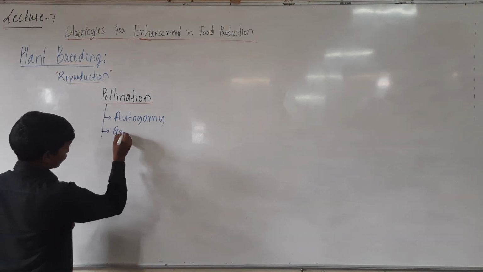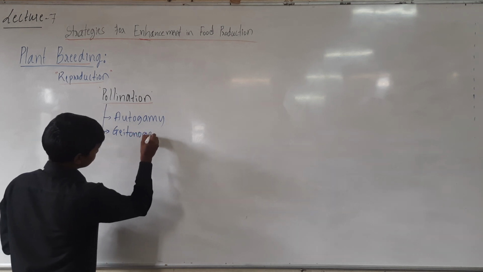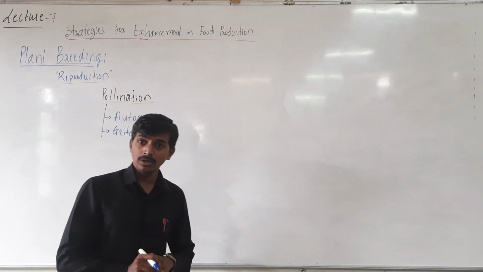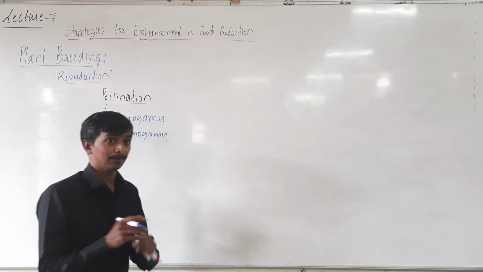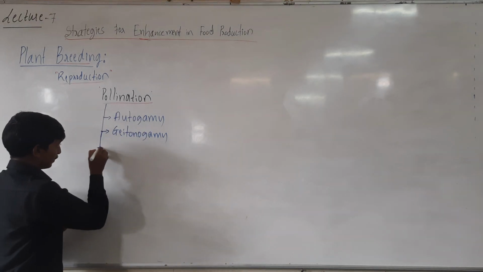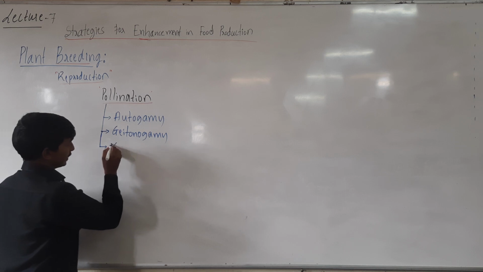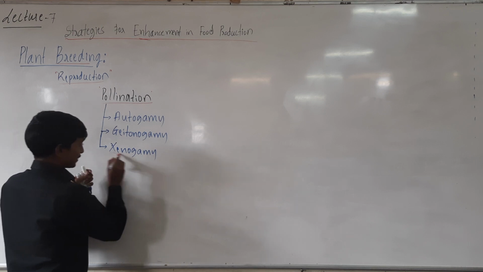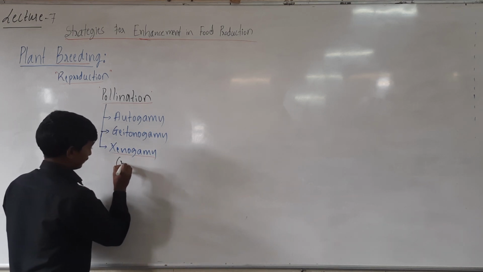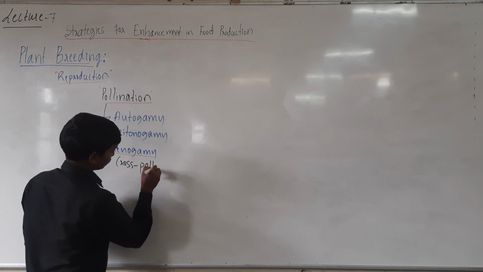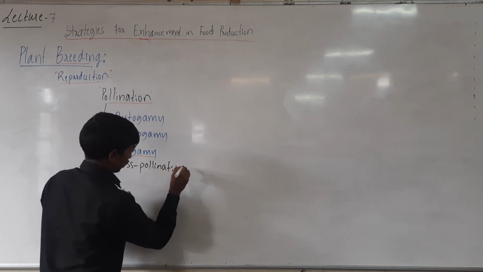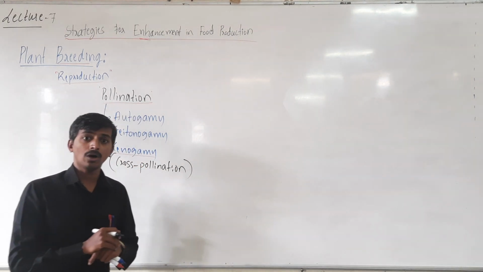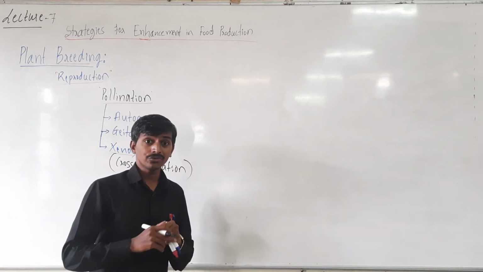Second, we discussed geitonogamy, that is transfer of pollen grains from anther to the stigma of another flower of the same plant. And lastly, we have studied the third type of pollination, that is xenogamy, which is also known as cross pollination, that is transfer of pollen grains from anther to the stigma of another flower of another plant.